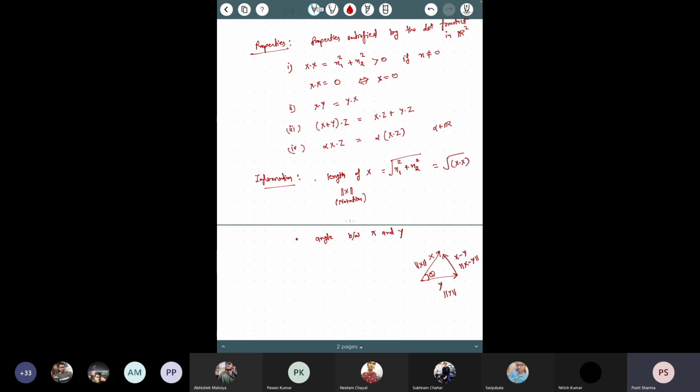Why is this true? Because if you apply the cosine law for this triangle with the sides length of x, length of y, and length of x minus y, then you can easily find this out. Let me recall what the cosine law is.